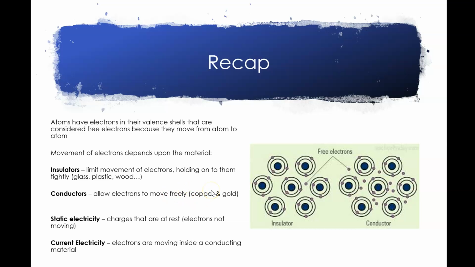Copper is an excellent conductor of electrons, and that's why it is used for all types of electrical wiring, because it allows electrons to move freely, but it is also very, very flexible. So it's malleable and ductile and provides a perfect material to make electrical circuits out of, okay?